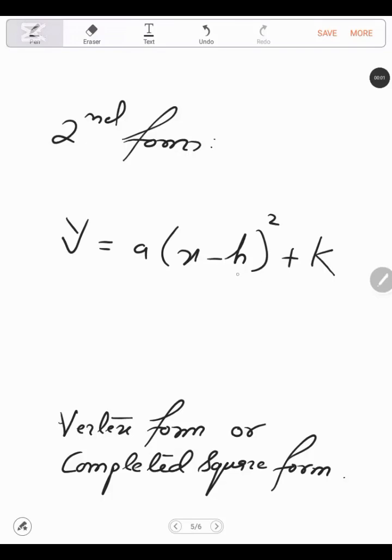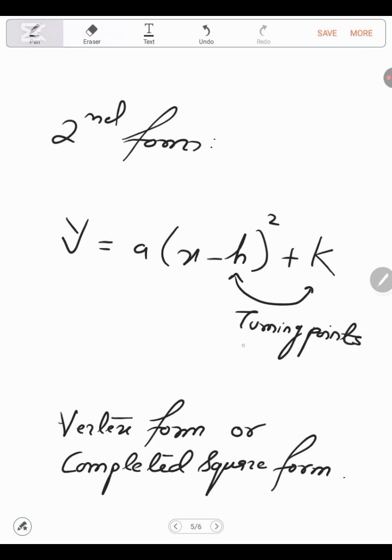Okay, so the h and k in this completed square form represent the turning point of the curve.